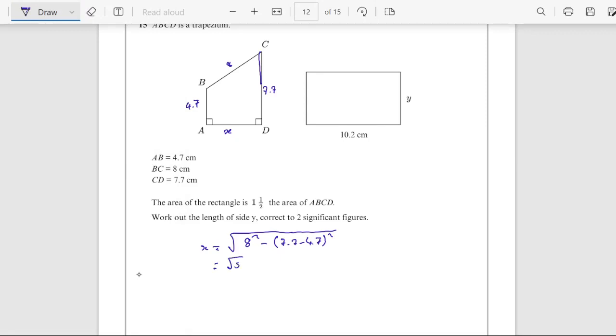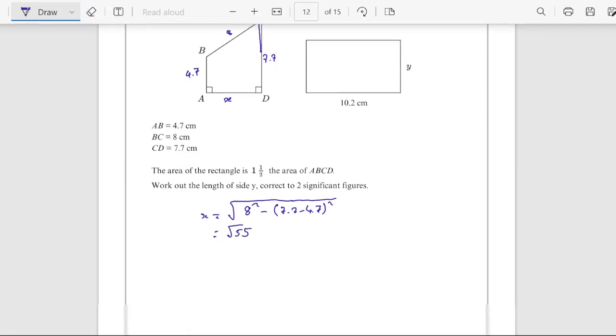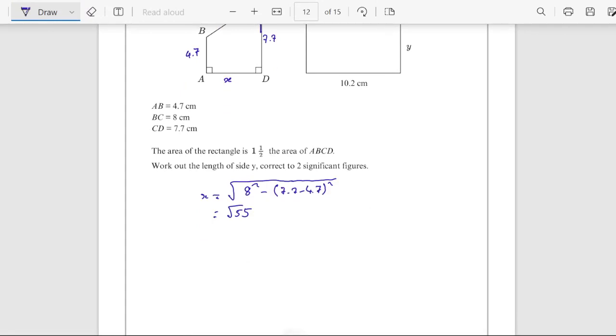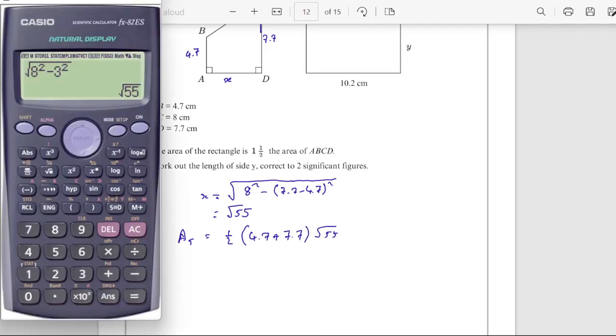So root 55. So the area of the trapezium, I'm going to call it AT, is going to be equal to a half of 4.7 plus 7.7 times by root 55. So again, I'll use my calculator for that.